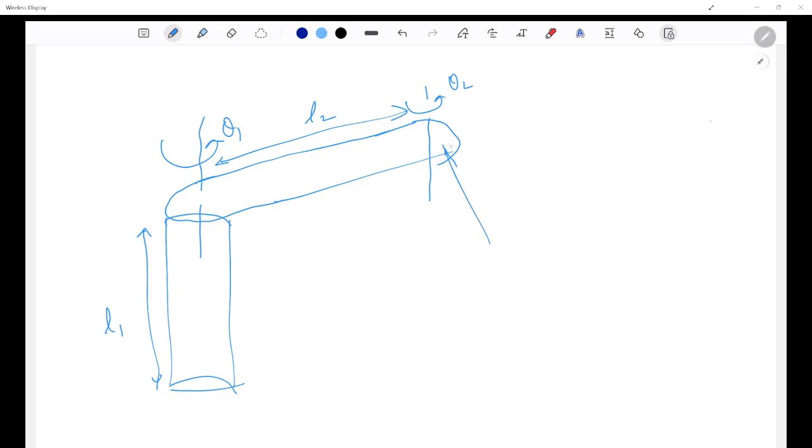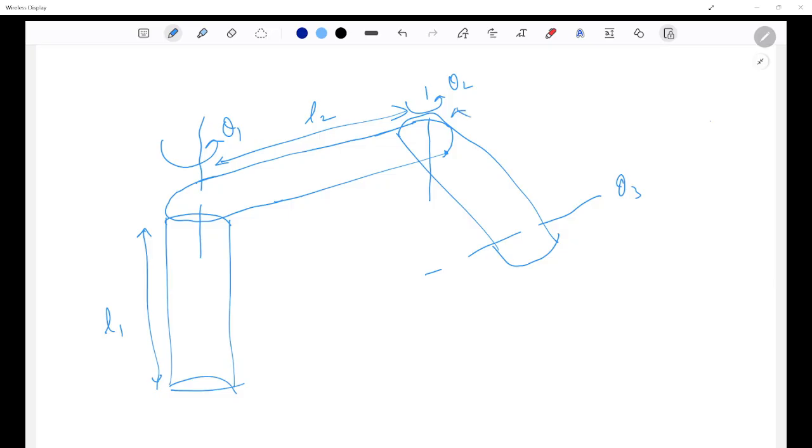Okay, yeah. So then you have another revolute joint here. I'm sorry, I drew it badly. So after this you can draw it like this, and then this is again your axis of rotation theta 3.